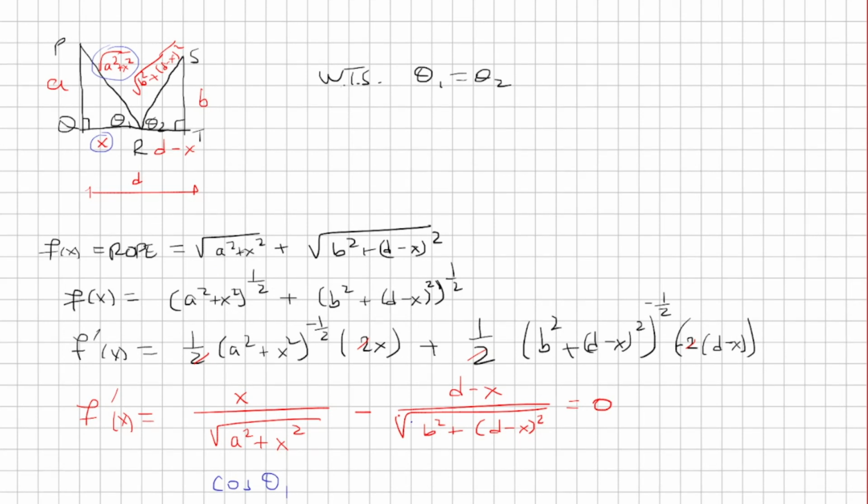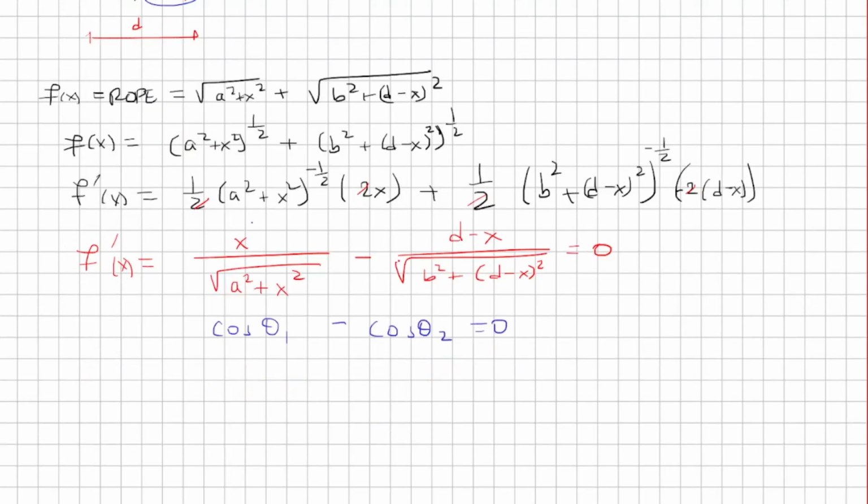Okay, what is d minus x over the square root of b squared plus (d minus x) squared? D minus x is here, and the square root of b squared plus (d minus x) squared is there. That's also the cosine of the angle. We're going to show that these two, when subtracted, equal 0. Well, that means that cosine theta 1 is equal to cosine theta 2.